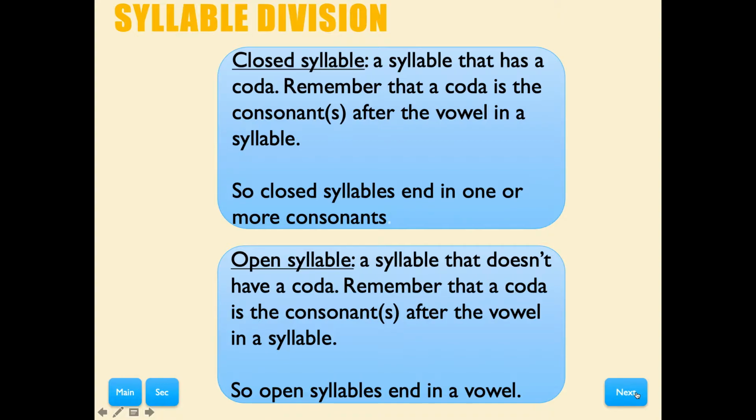Very simple. Closed syllable means a syllable that has a coda. Closed syllables end in one or more consonants. On the other hand, open syllables are syllables that don't have a coda, so they end in a vowel.